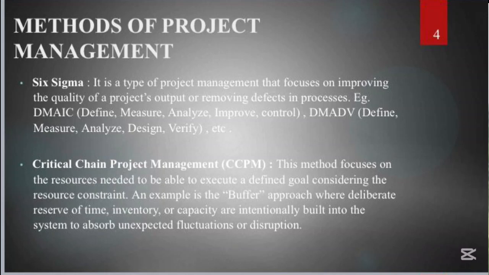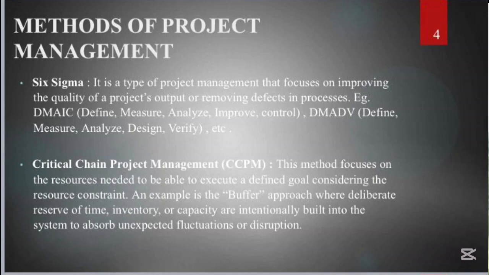Six Sigma is a type of project management that focuses on improving the quality of a project or removing defects in processes. Examples are the DMAIC, which is define, measure, analyze, improve, and control, and the DMADV, which is define, measure, analyze, design, and verify.